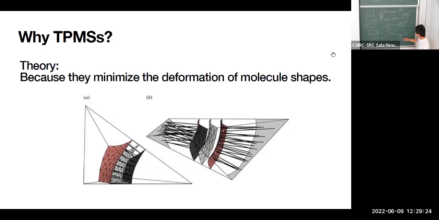And before, they only managed to model this one. If you have the length being 0, you get parallel surfaces of triply periodic minimal surfaces. And if you say the mean curvature is constant, you get the constant mean curvature surfaces.